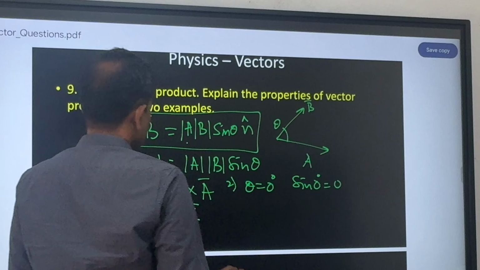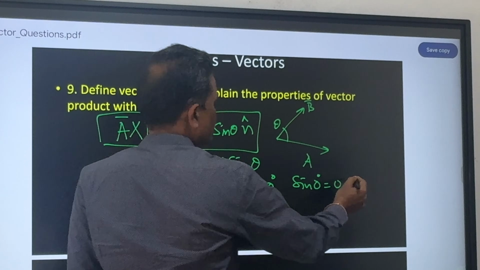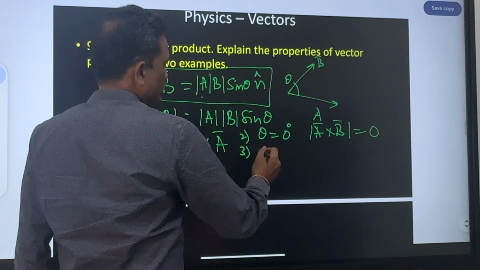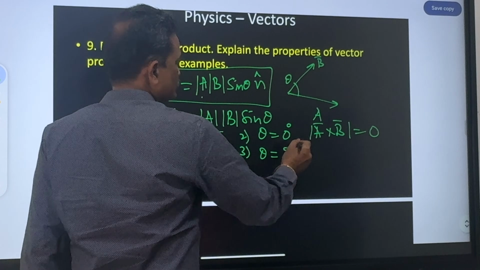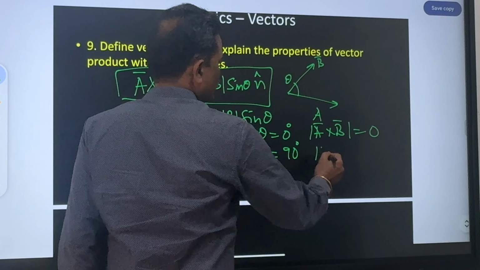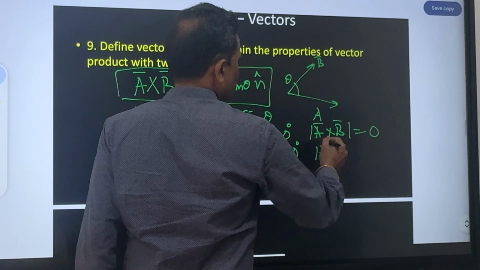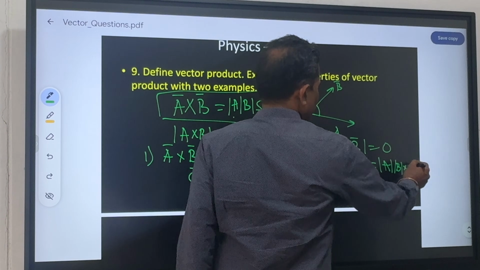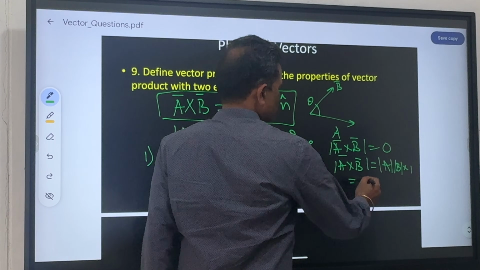That means the magnitude of the vector product has minimum value when theta is equal to 0. When theta is equal to 90 degrees, the cross product will have maximum value. A cross B is equal to mod A, mod B, sin 90 is 1. So this is maximum.